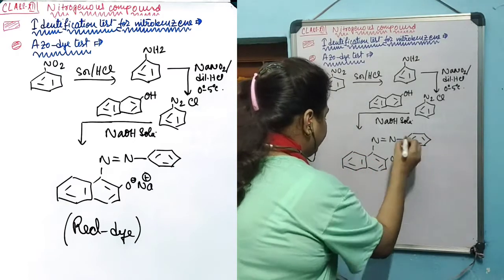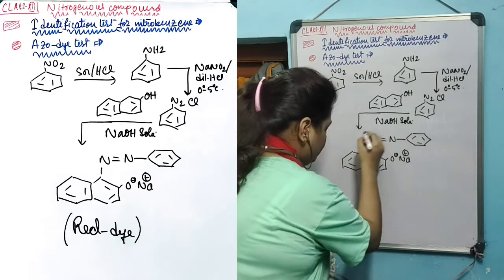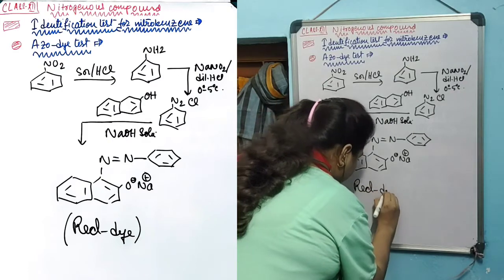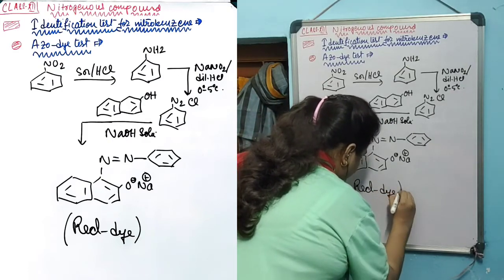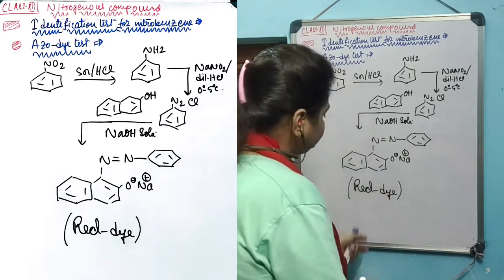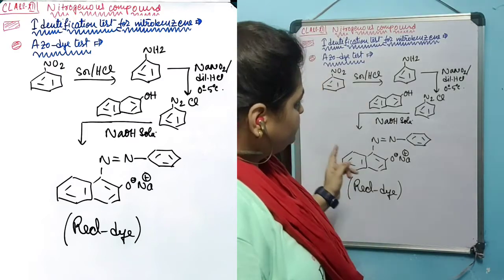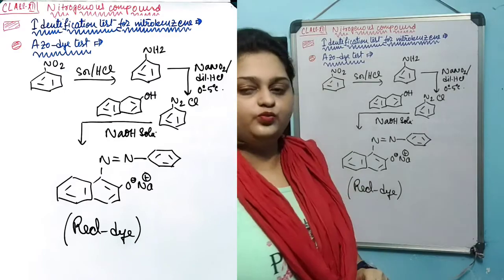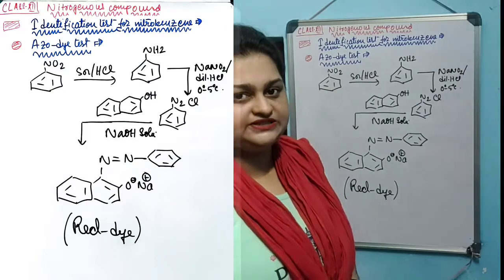This is a coupling reaction. A dye of this compound is formed, which is red in color. The formation of this red colored dye identifies that the initial compound we had taken is nitrobenzene.